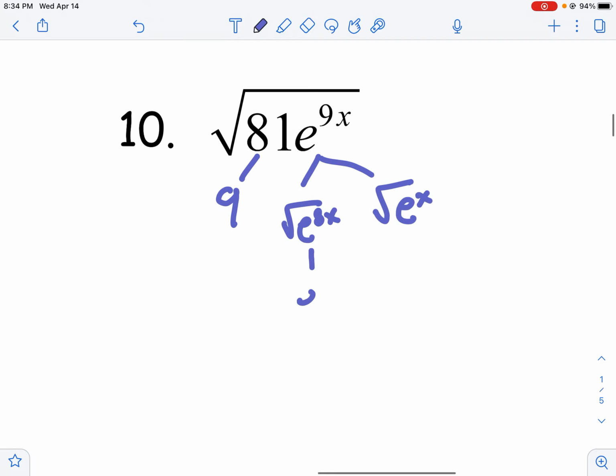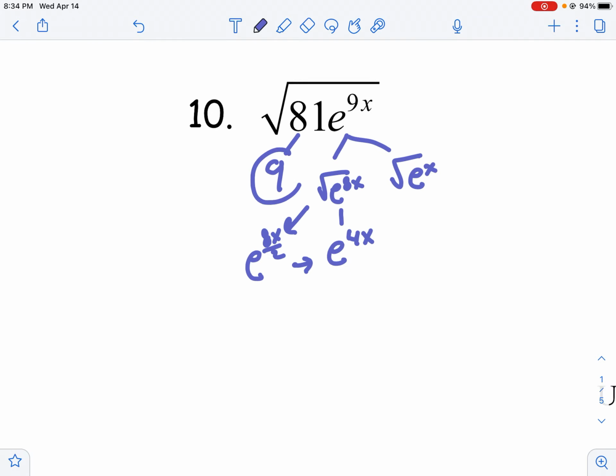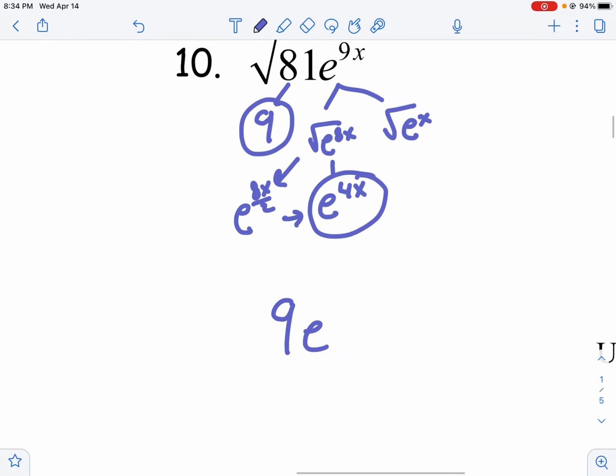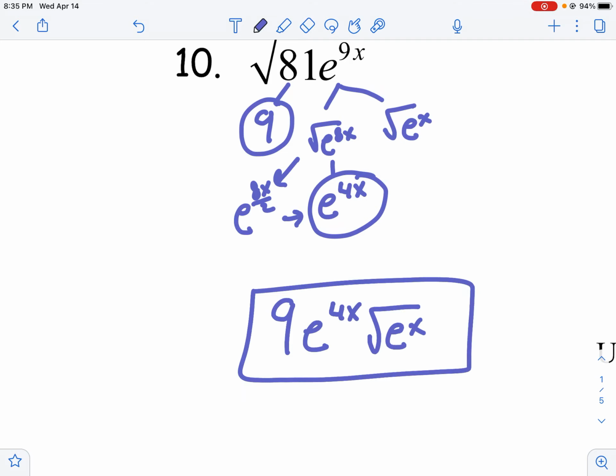E to the 8x square rooted would be e to the 4x, because what this is doing is it's taking e to the 8x and it's dividing that 8x by 2, which gives us 4x. So then we have 9 outside, we have e to the 4x outside, so this is 9e to the 4x, and then the square root of e to the x would be inside of a square root.